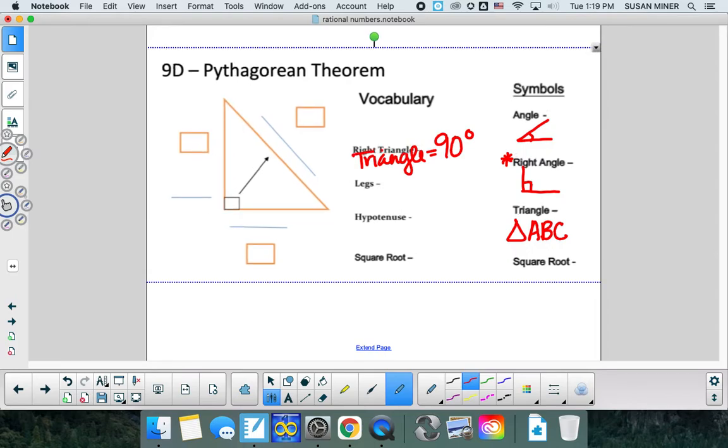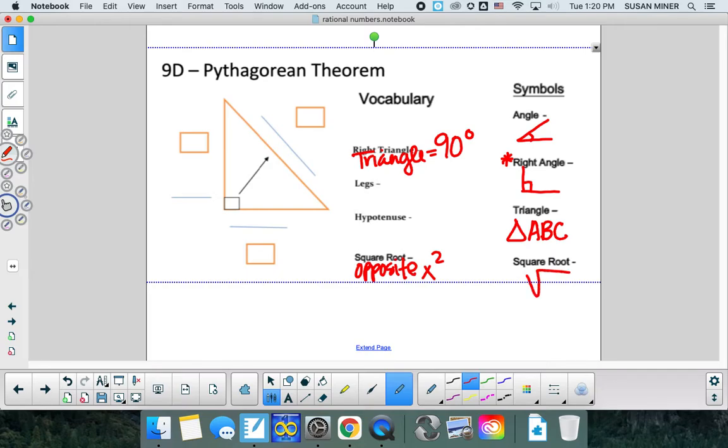Okay, the last symbol that we need to remember is the square root. Remember, the square root is the opposite of the exponent squared. The square root symbol is that check mark right there, and we're going to use both of those.